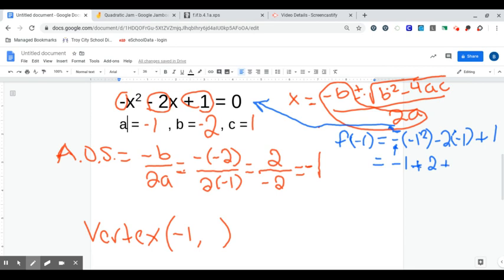And then I have +1 on the end. And when we do this out, we get -1 plus 3 gives me just 2. All right, and so my vertex, when I write it out, is going to be -1, 2.